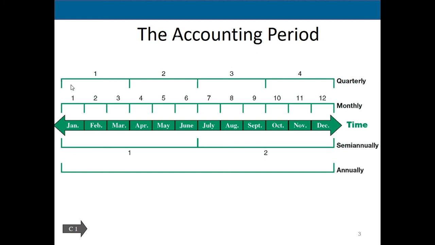Most organizations really look at their financials on an annual basis overall, but for management purposes, they typically break it into monthly pieces or quarterly pieces. And it's because of this time period assumption that we have to do adjustments to our financial accounts in order to make the time periods appear correct, and to make them correct, not just appear correct.